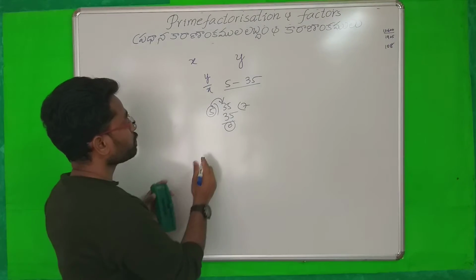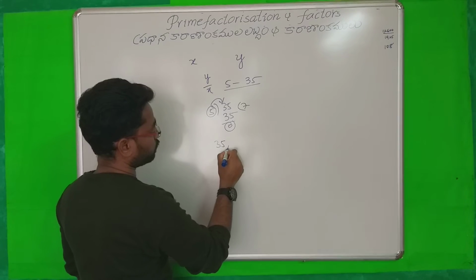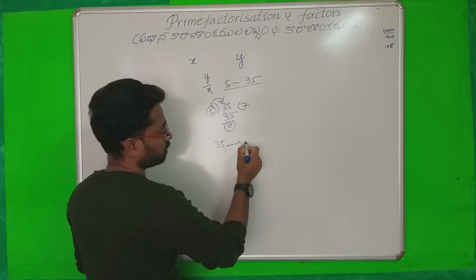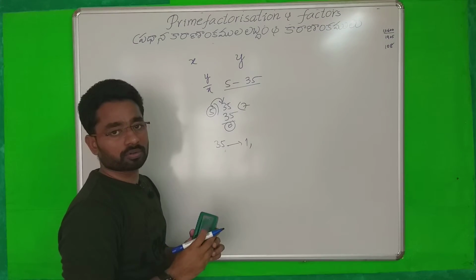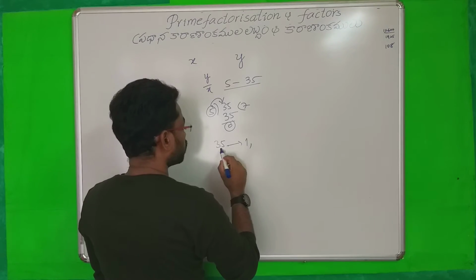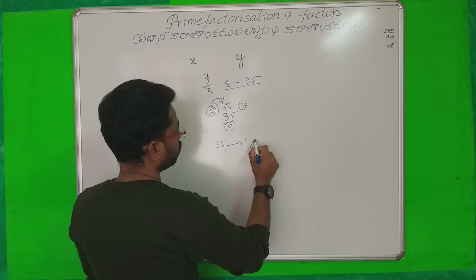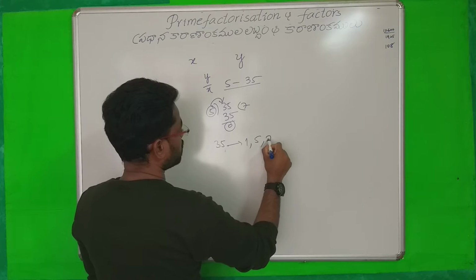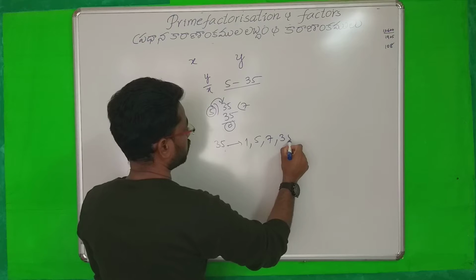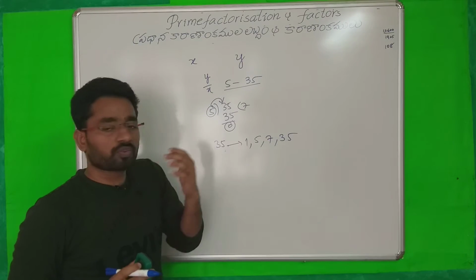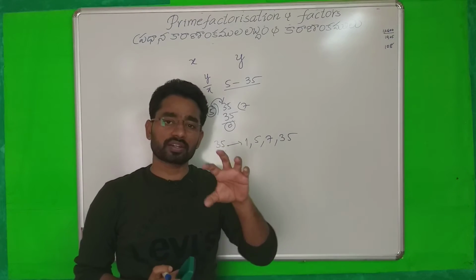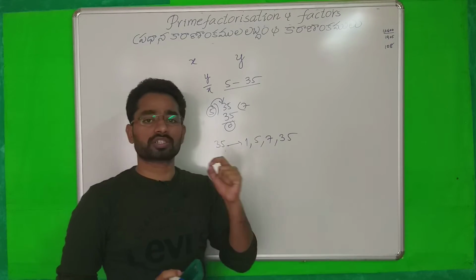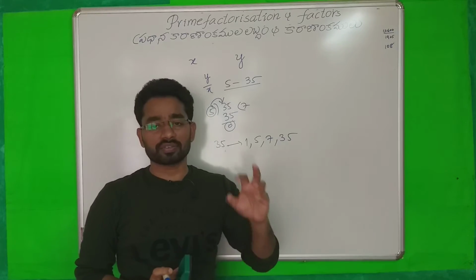So what are the factors of 35? For example, I am checking, directly writing 1. It is divisible by 1. 1 is a factor of every number. You have to remember one thing. Next, not divisible by 3, and 5 only. Next 7. Okay, next 35. So only 4 factors. And you have to remember one thing: while writing factors, you start with 1. 1 is a factor of every number.